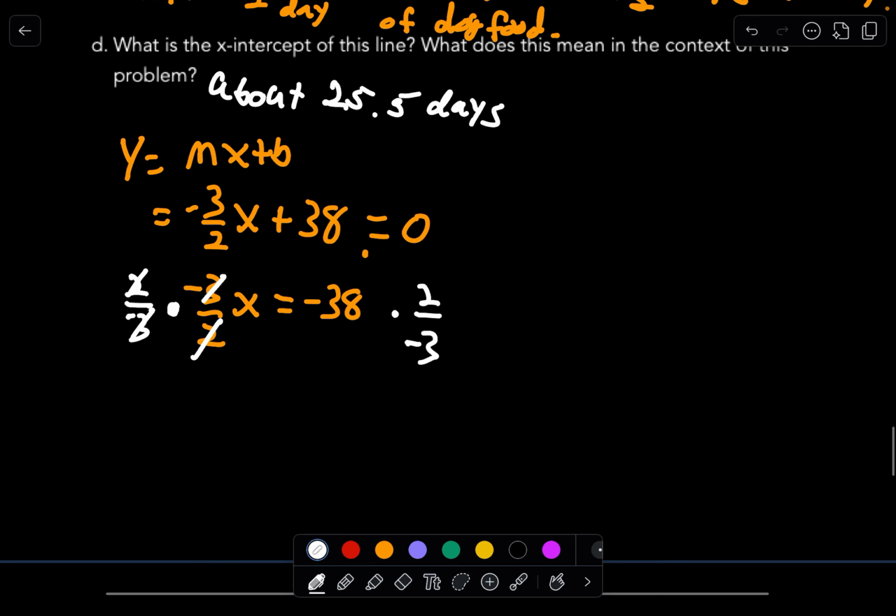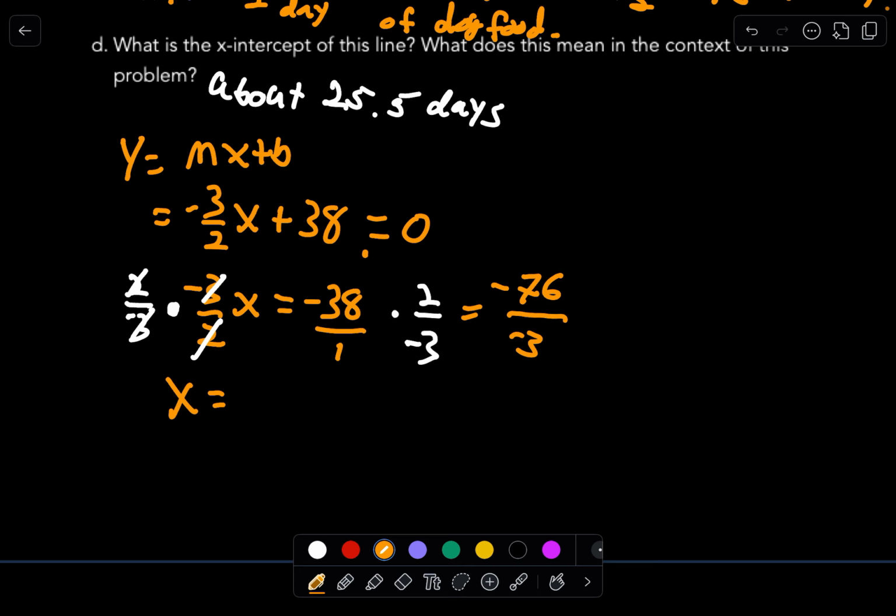It leaves you with x. On the right, you have negative 38 over 1 times 2 over negative 3. So multiply tops together, that's negative 76, 38 times 2. And 1 times negative 3 is negative 3. So we have negative 76 divided by negative 3. Well, negative divided by a negative is a positive. So it's 76 over 3, 76 thirds.